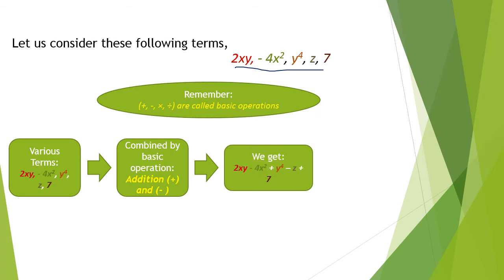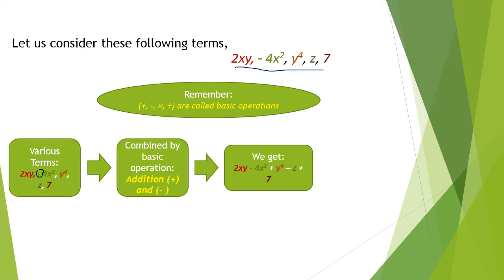We are building towards something special. So pay attention: 2xy minus 4x square, we just combined it. We use the negative operator, which was already here in the question, so we don't have to apply another one. You can use minus or plus any way, and you can do it in your own style also.